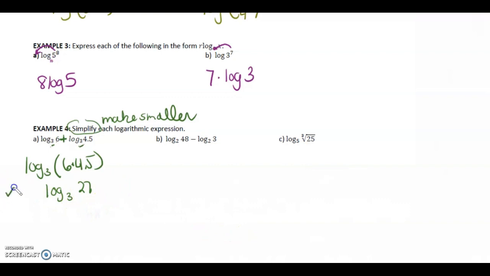This is what we've done up until today, but simplify means keep going, as far as you can. So let's think about this. How can we rewrite 27 as a base of 3? 3 cubed. So now we're using yesterday's properties. This simplifies to 3. So this full expression simplifies to 3.